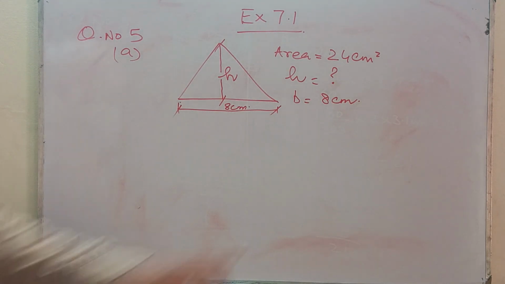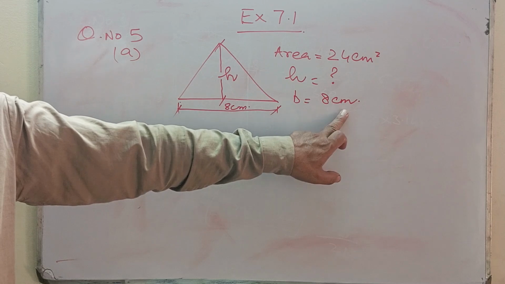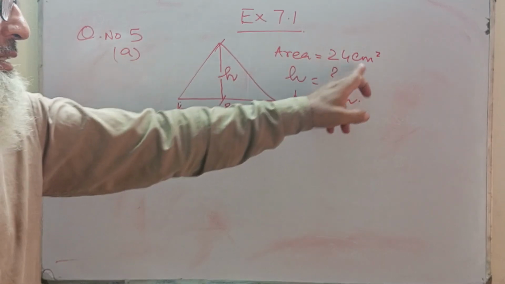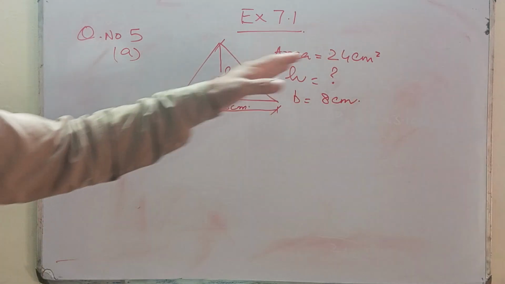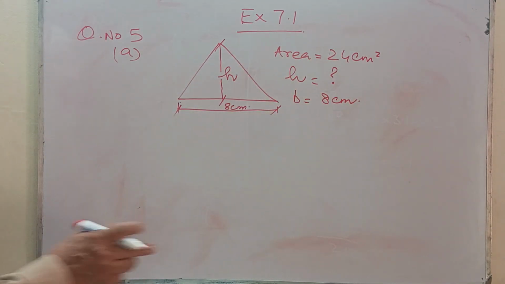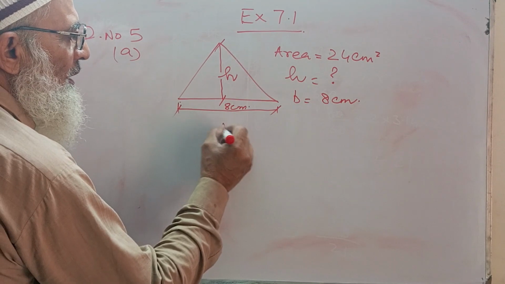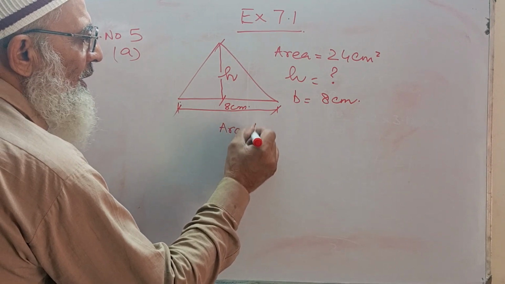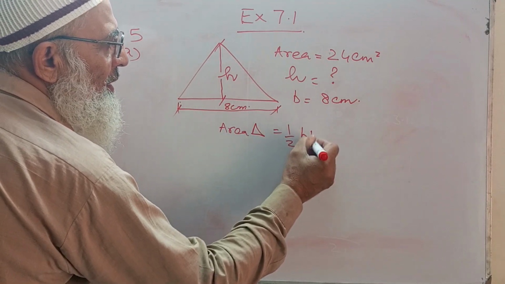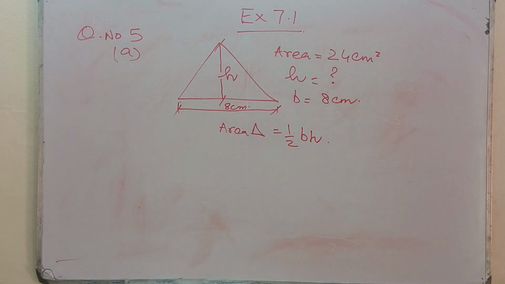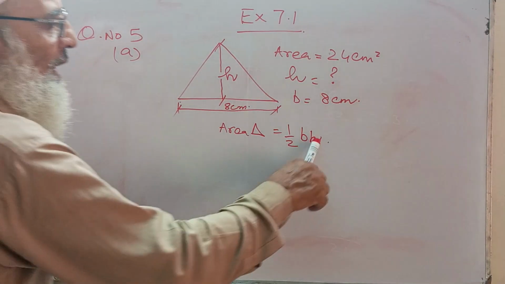My dear students, note that whenever there is a linear unit, it has no power on it. But this is not linear. This is a square unit, because of two dimensions. Now you remember the area of a triangle. Area of triangle is half base into height, and we have to find the height which is unknown to us.